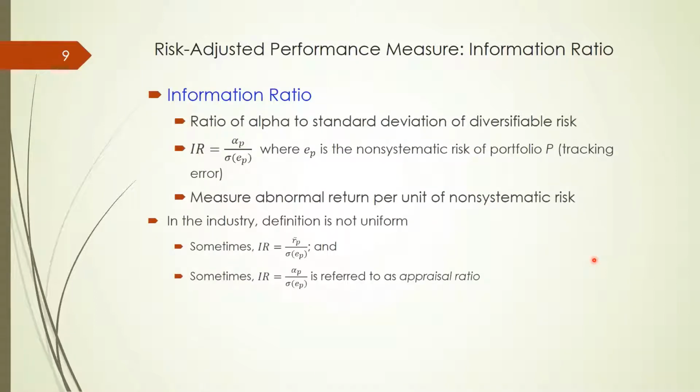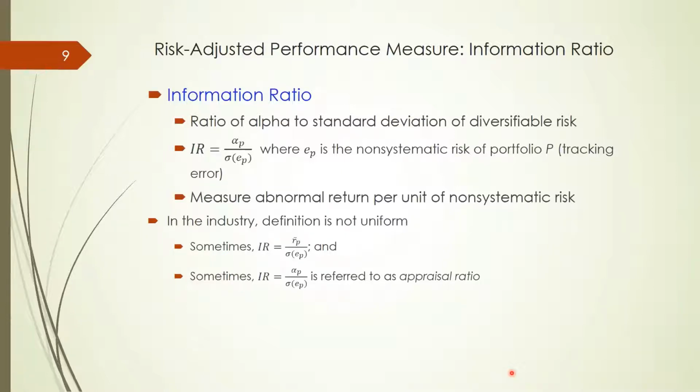The third risk-adjusted performance measure is called the information ratio. The information ratio is defined in the textbook as the alpha over the standard deviation of the diversifiable risk, or the firm-specific risk. It measures abnormal returns acquired per unit of non-systematic risk. The book also mentioned that the information ratio might be defined differently in the industry.